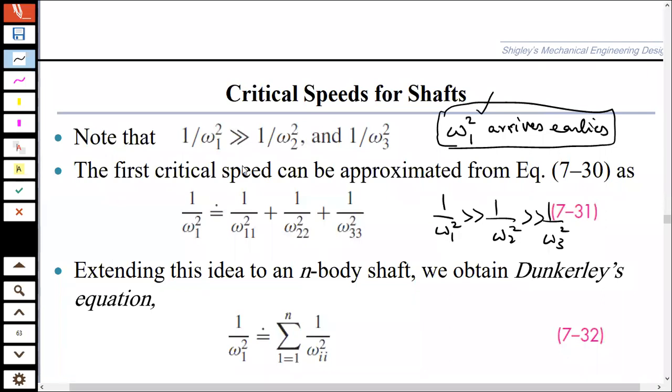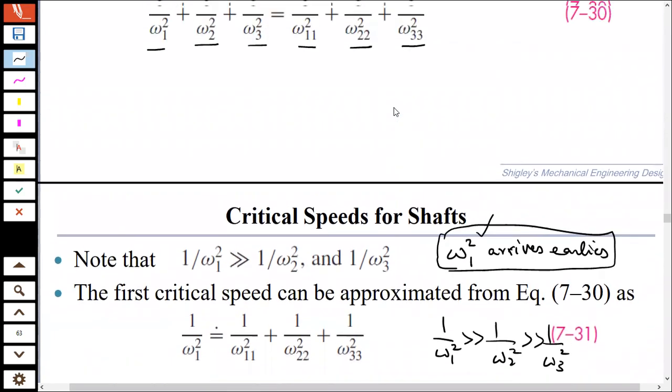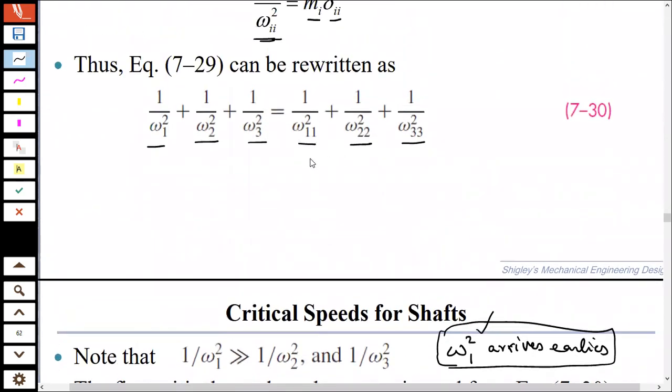ठीक है जी. तो therefore, if we look at this equation 7-30, we can ignore some of the terms. For example, we are taking 1 over a term square.